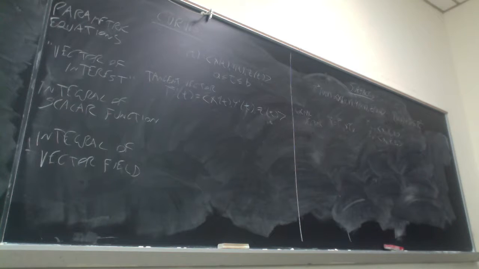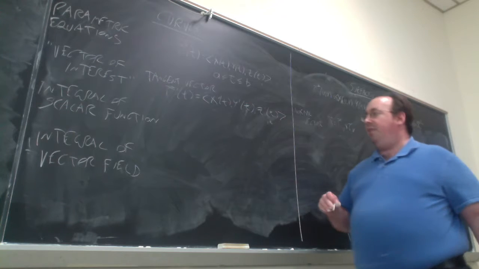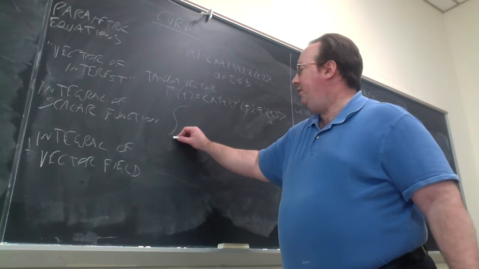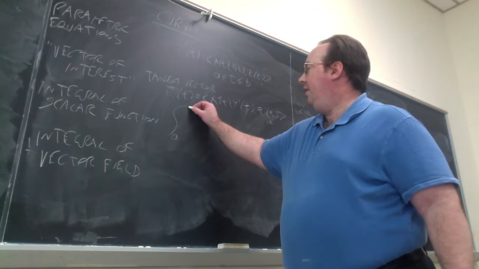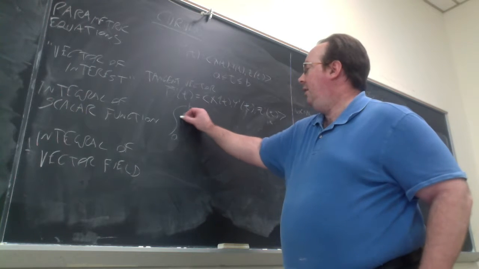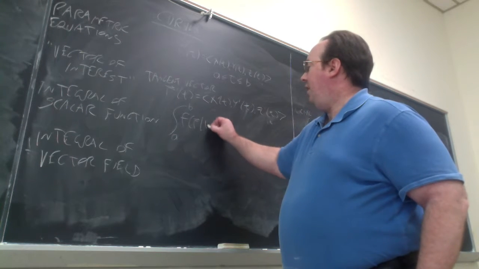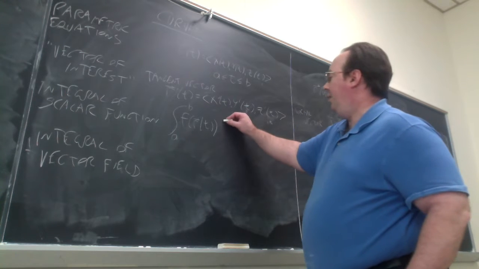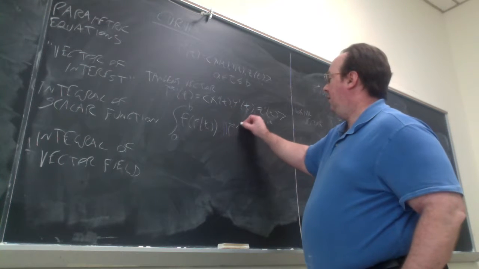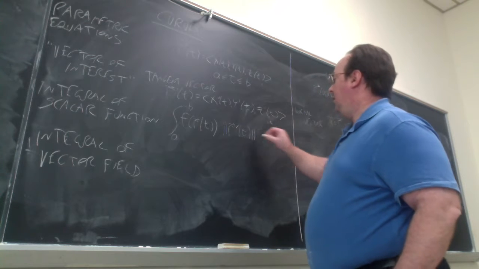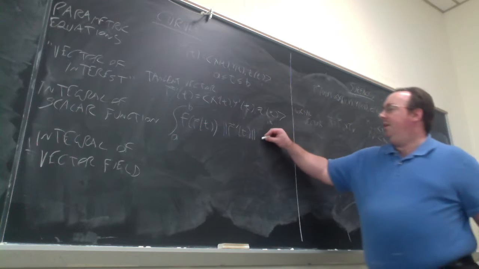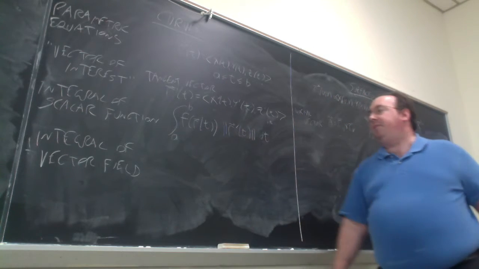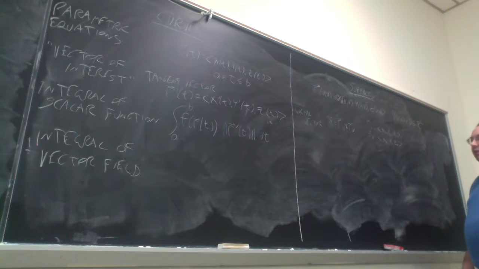Now, how do you integrate a scalar valued function? The formulas may look very different, but I'll be able to point out a similarity between them. So that's what it is for a line integral of a scalar valued function.